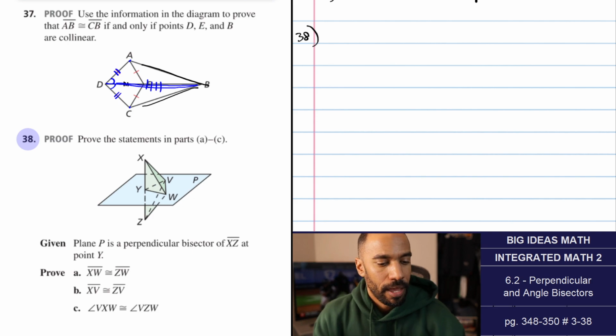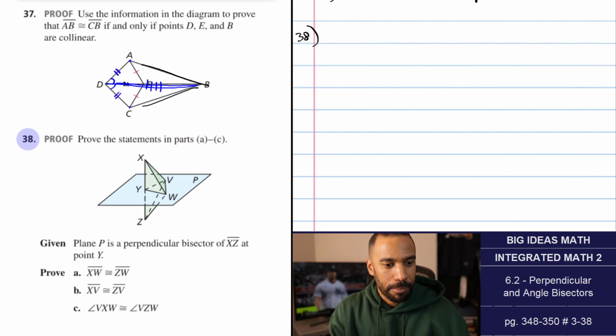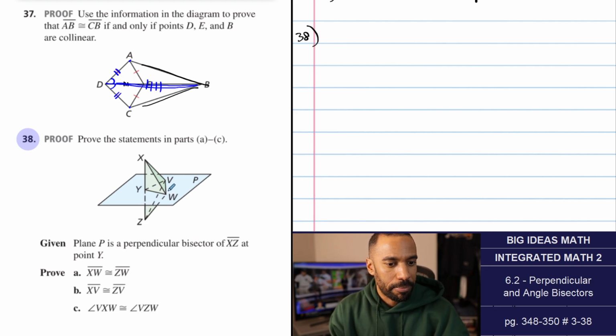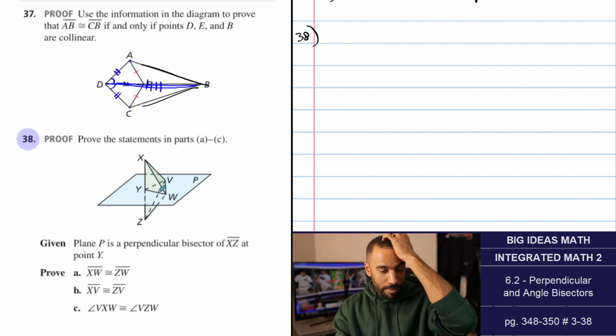Plane P is a perpendicular bisector of segment XZ at point Y. So this thing is being bisected perpendicularly. That means this is congruent to this right there, the segments, from that plane. We're going to have to prove XW is congruent to ZW, point on that part of the perpendicular bisector, because it's a plane that's perpendicular bisecting it.